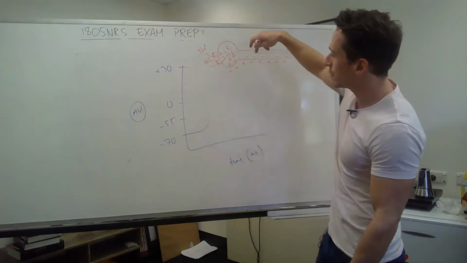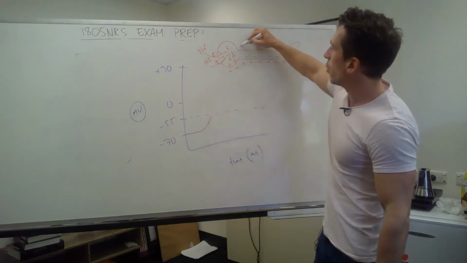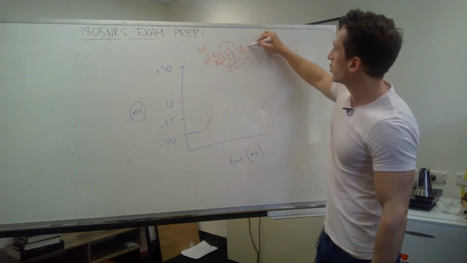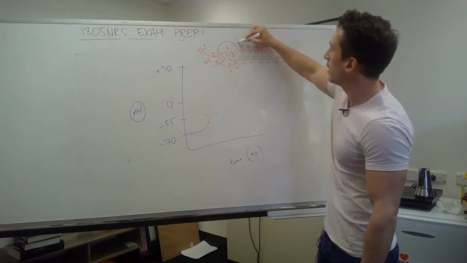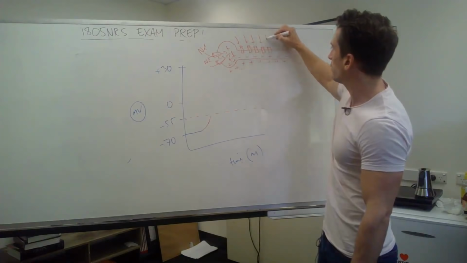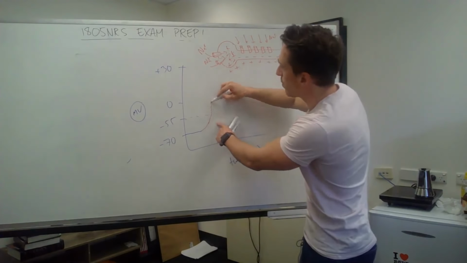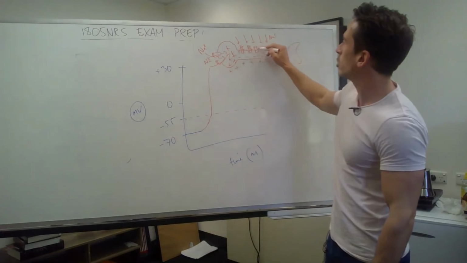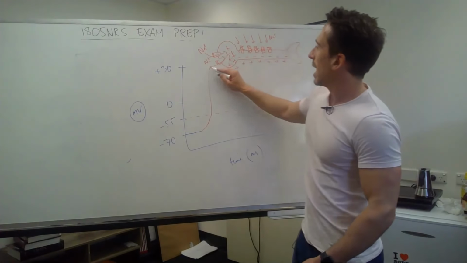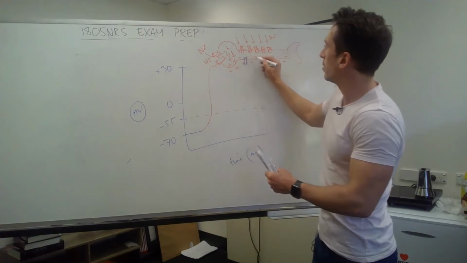If enough positive sodium goes in that it hits the threshold, -55, then all the voltage-gated sodium channels along the axon open up in a domino-like fashion. All this positive sodium rushes in, carrying its charge with it. That's why it spikes up to positive 30. Then, at positive 30, the sodium channels shut and potassium channels open up.